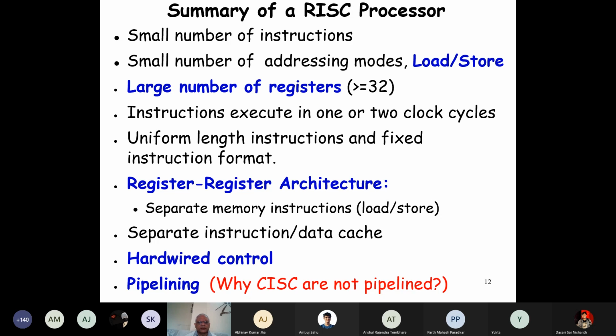And the length of instruction is fixed, 4 bytes, uniform length, because each is a simple instruction. In CISC, some are very simple, some take, let's say, 32 bytes, and here all are taking only 4 bytes. It's a register architecture because other than the load store, all operands are in registers.